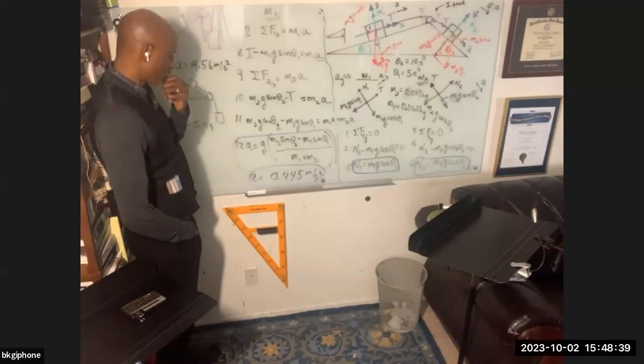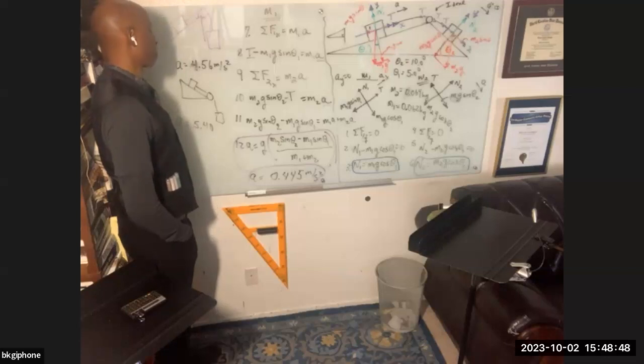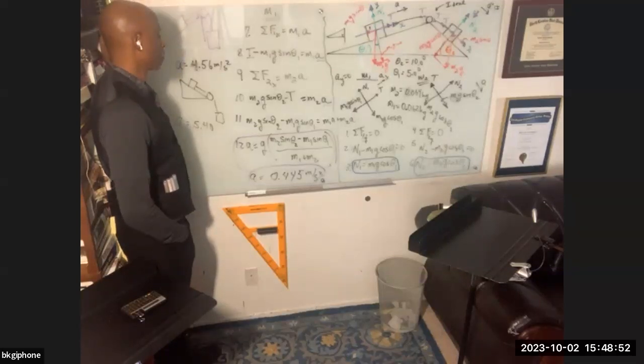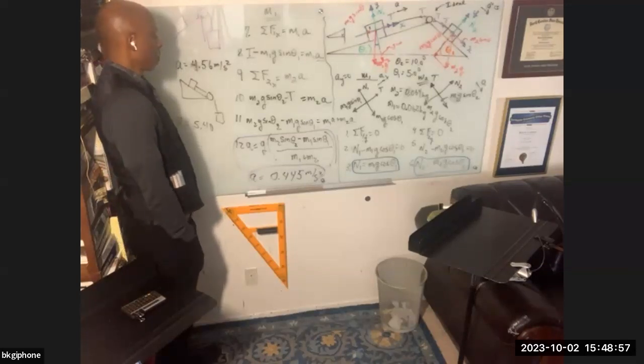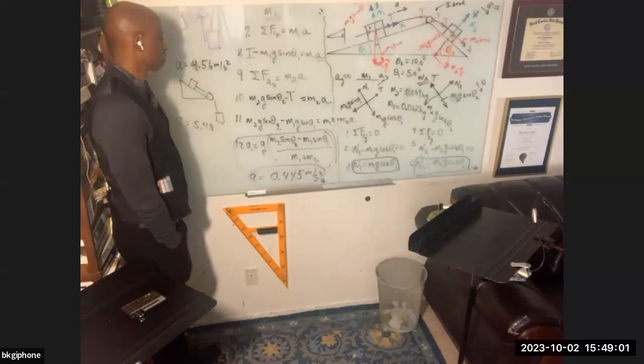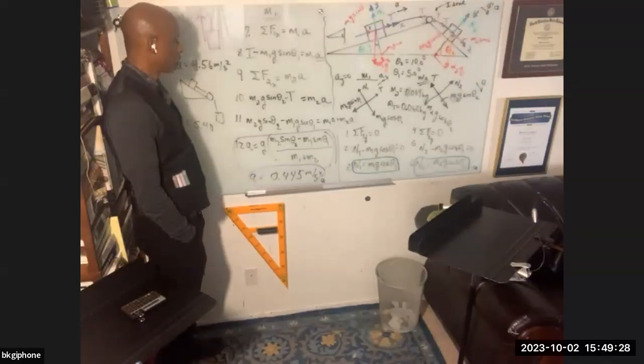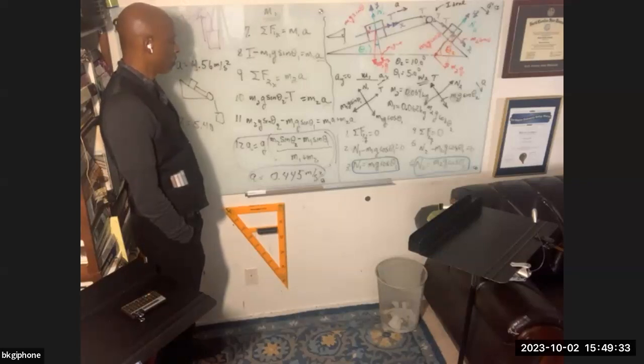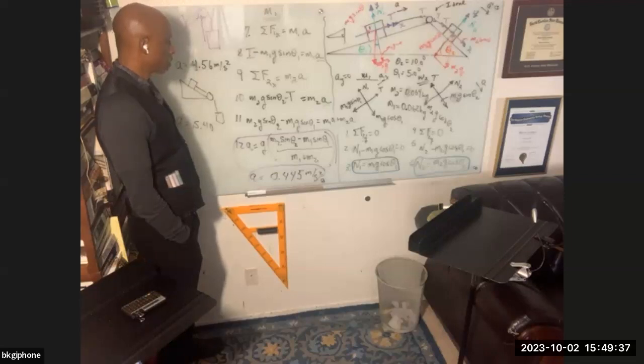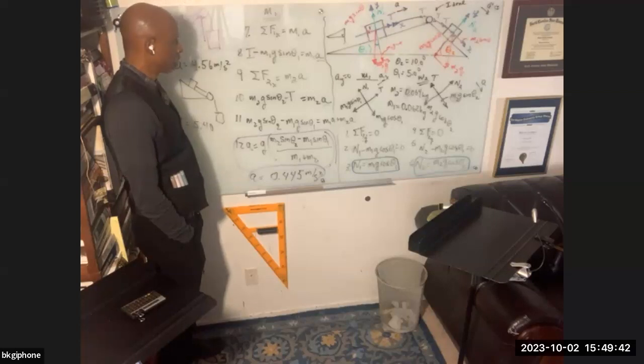I think the equation to maximize, so we want to find the tension in the rope such that you want to find the angle such that the tension is a minimum.